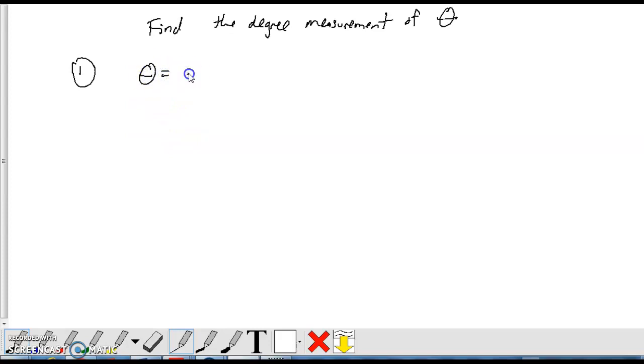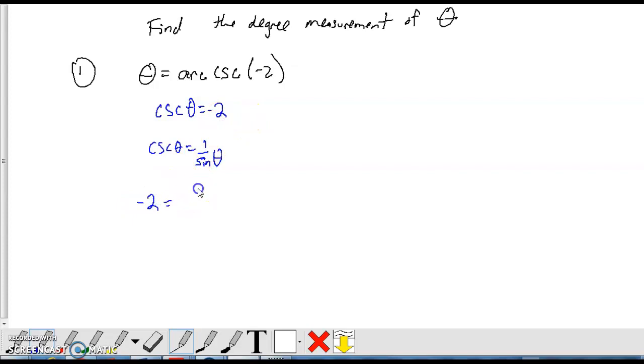Theta is equal to arccosecant of -2. So for this one, this would be like saying cosecant of theta is equal to -2, right? I know, again, from previous chapters, that the cosecant and sine are similar to each other. So if -2 is equal to 1 over sine of theta, that means that the sine of theta really is the reciprocal, and it's -1/2.